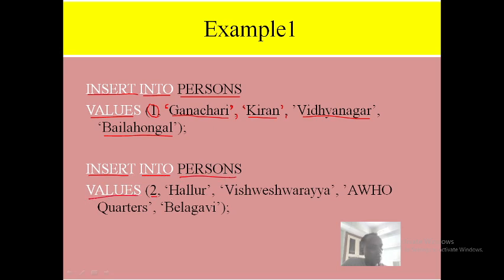ID is 2, last name is Hallur, first name is Vishwesharaya, address is AWHO quarters, and Belagavi is the city. Wherever the data type is varchar, I have kept it in single quotes, and the statement ends with a semicolon.